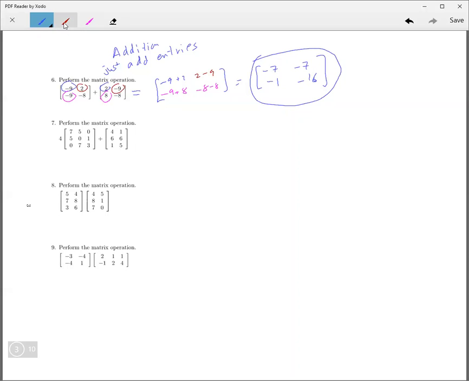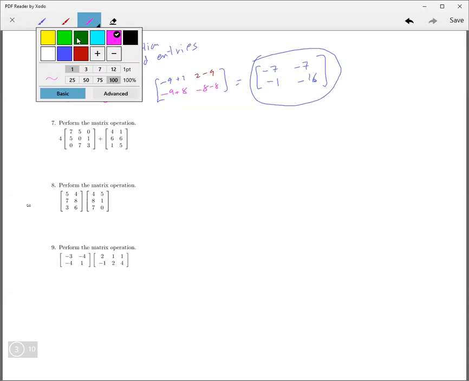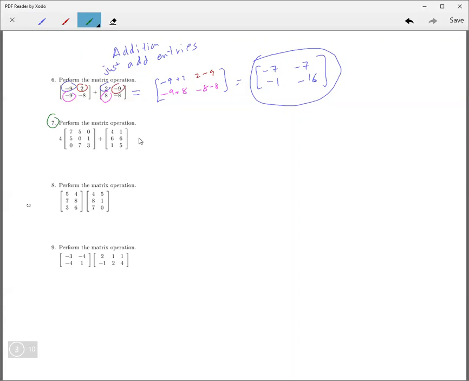Okay, number 7. For this one, remember, you're going to distribute this 4 into everything. Distributing the 4 in, you're going to get 28, 20, 0.